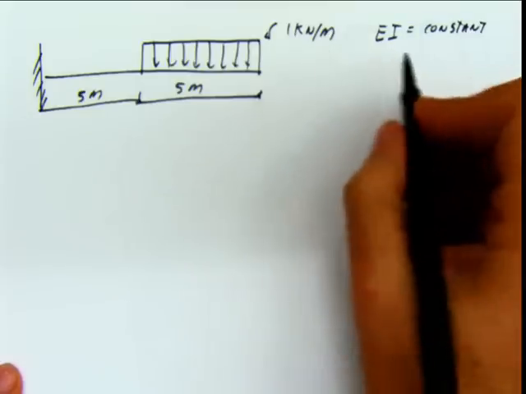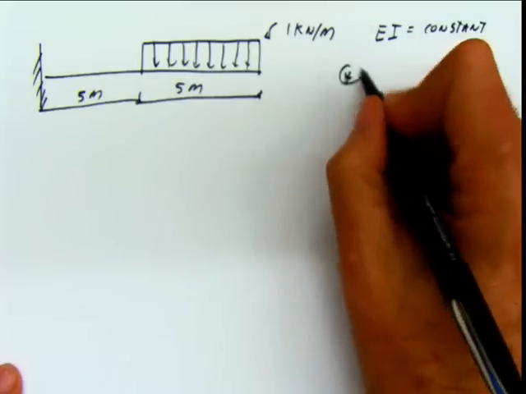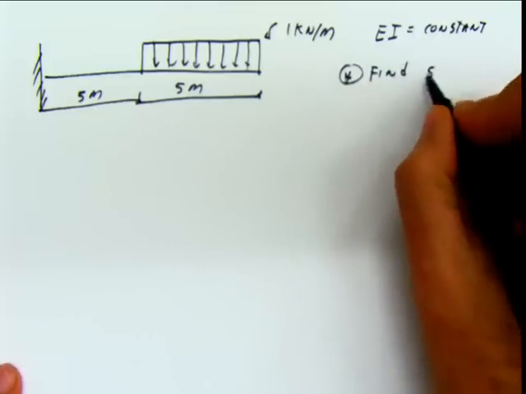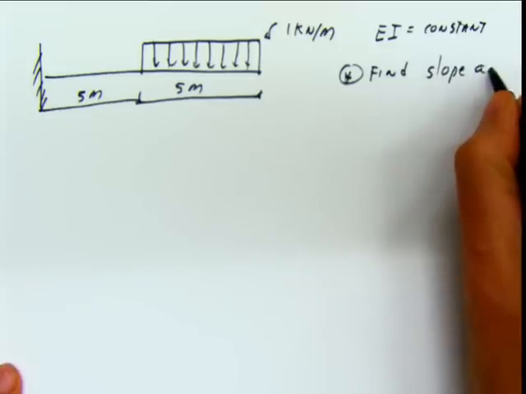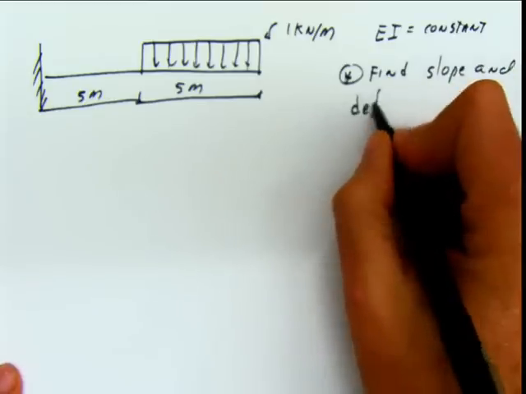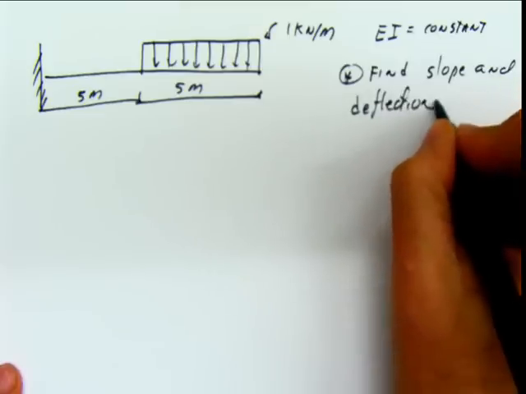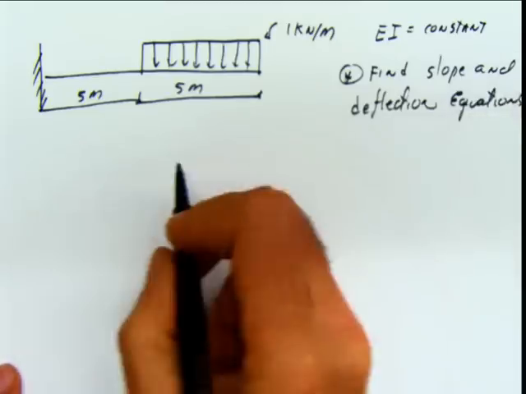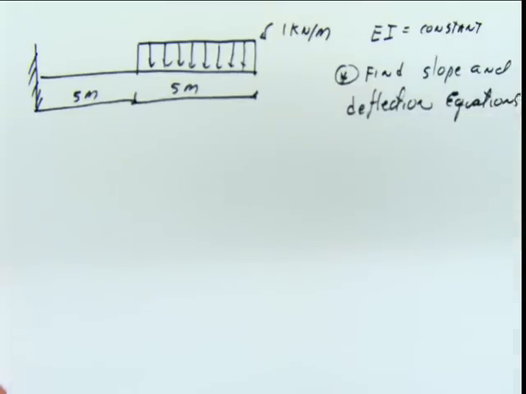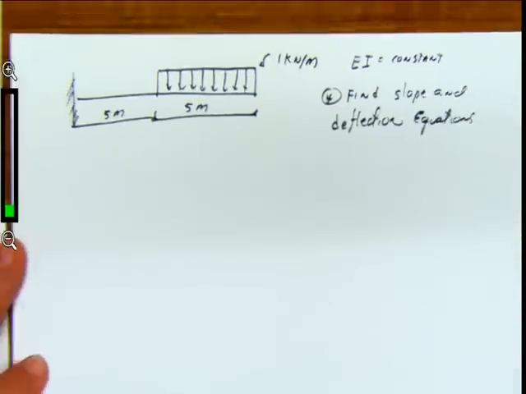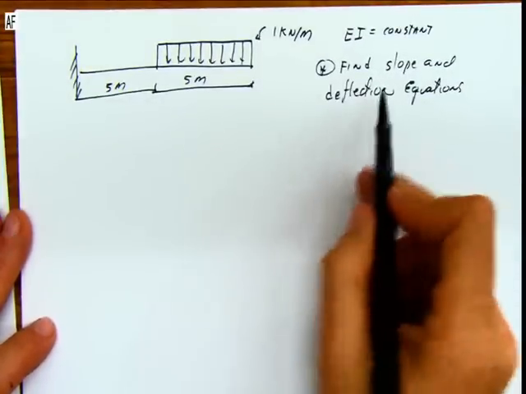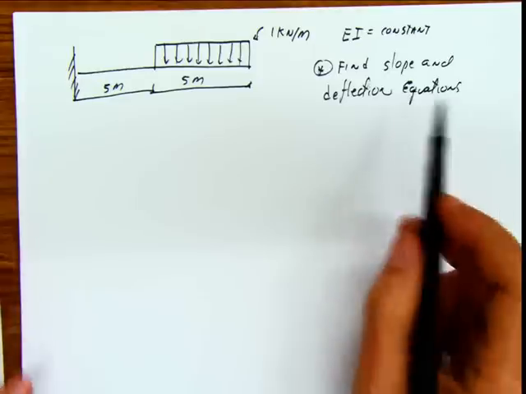The problem is asking us to find the slope and deflection equations. By equations I mean that at any point on this beam, we should be able to find the deflection or the slope.